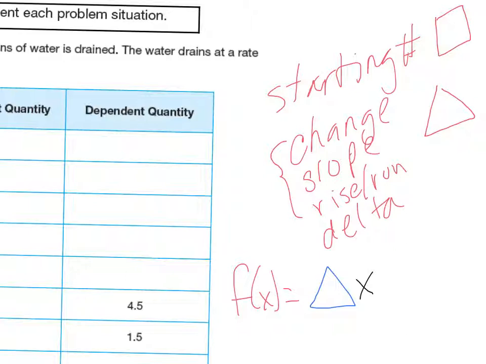This is either positive or negative, because it could be going up or going down. And then you need your starting point, which could be positive or negative. So you really just need to find the delta, which is the rate of change, and your starting number, which we haven't come up with a name for, so it's a square. The starting number is your y-intercept, and the other is your rate of change.